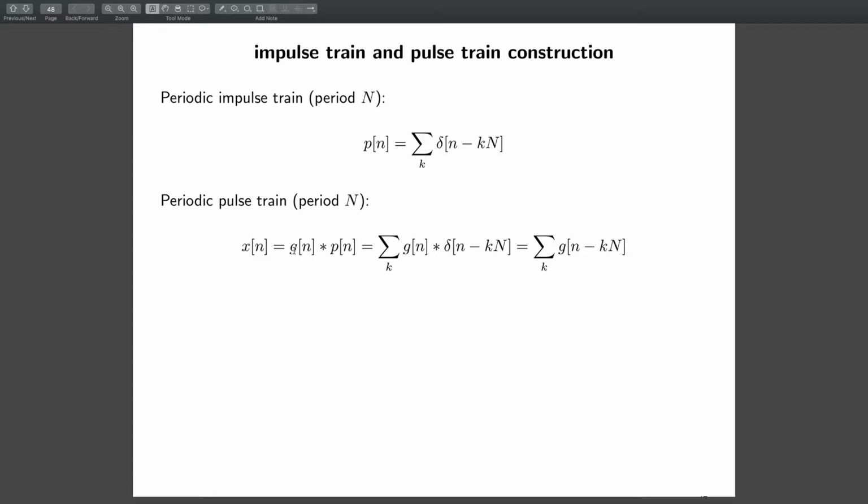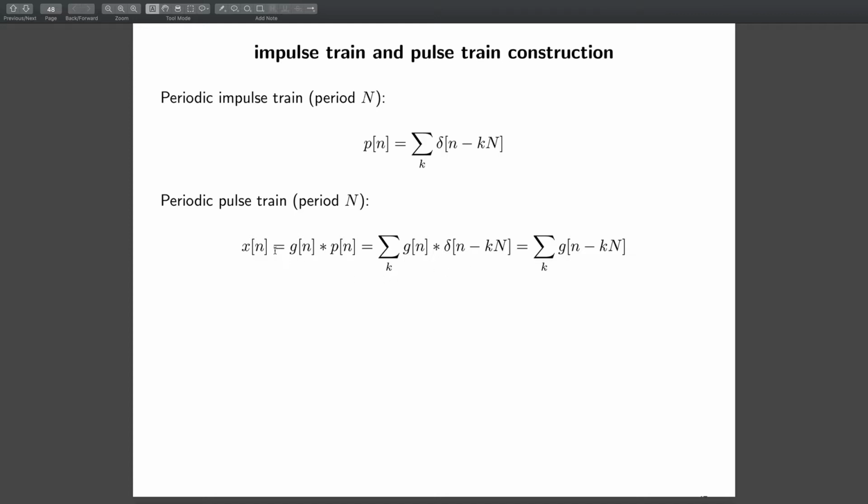But if we convolve that periodic train of impulses with an arbitrary signal, a basic pulse, we'll say g of n, then if we substitute this train of impulses in, that's like convolving the basic pulse with each of the delayed deltas in the impulse train, and so we reproduce a copy of this basic pulse at each of the locations of the delta functions. That's the convolution property of delta functions, illustrated here.